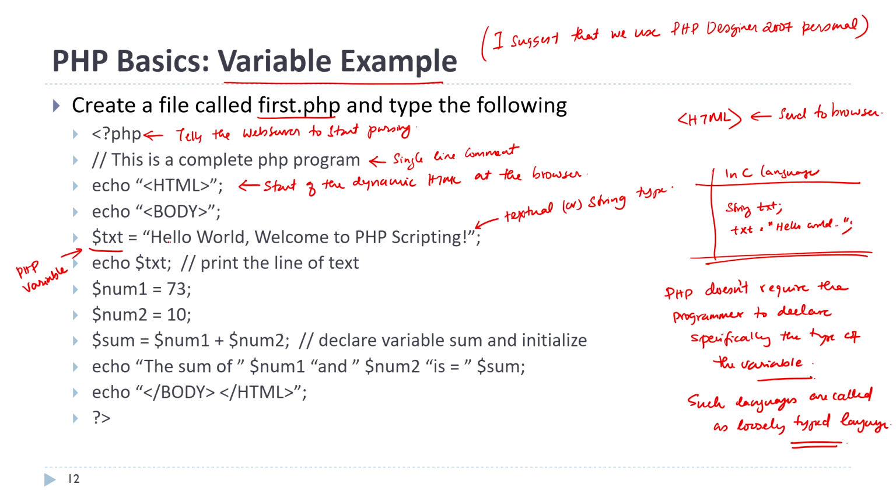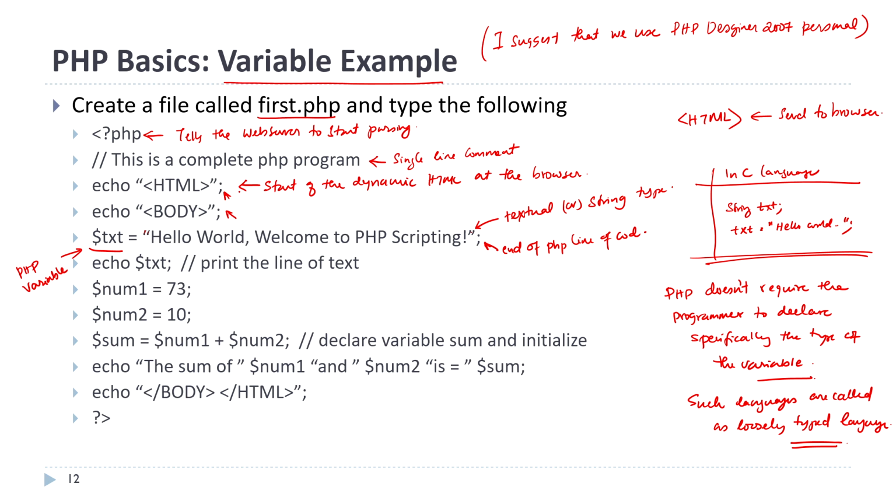So, when the PHP says hello world, welcome to PHP scripting within the two inverted commas, it will know, okay, this guy is putting a string. So, it will declare by itself as a string, and this is the end of PHP line of code, and this is true for here also, end of PHP line.